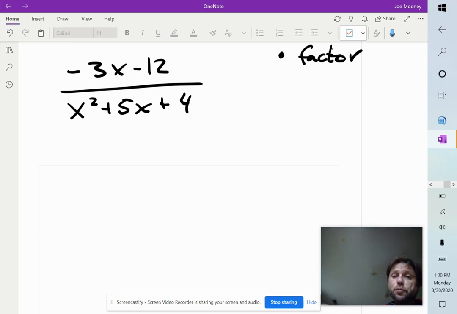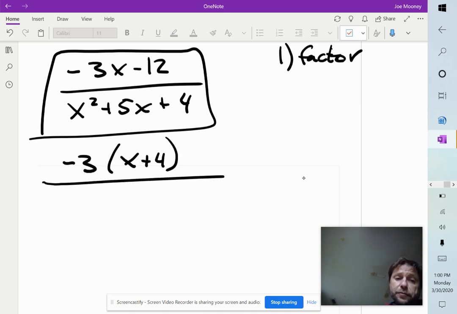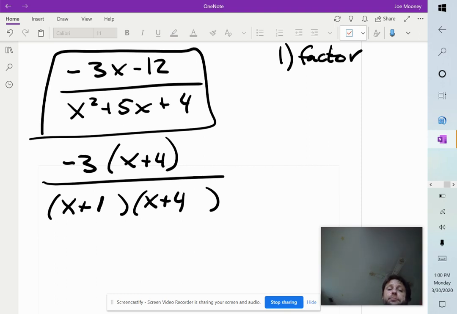So number 1, let's factor that. That would be negative 3 times x plus 4. Over here, I've got multiplies to 4, adds to 5, so it's going to be an x plus 1 and an x plus 4. There are my factors.